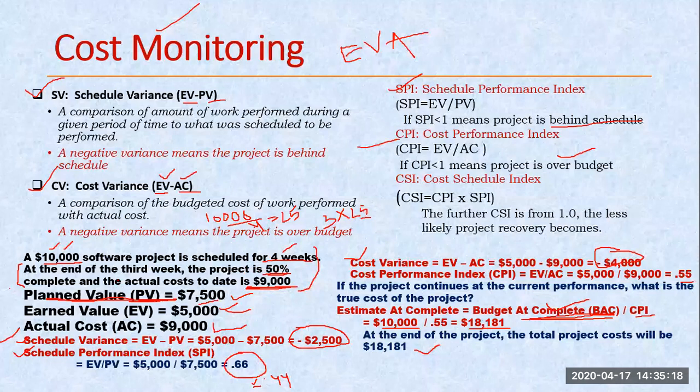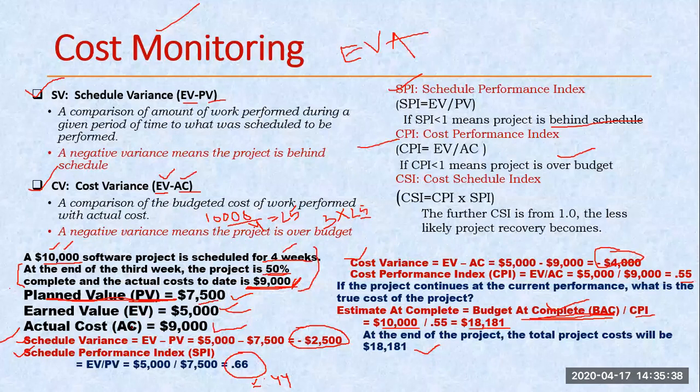Okay. And then the next scenario, the actual cost that we had spent. So how much had we spent up till the 3rd week? We had spent 9000. So now we are using this 9000. With this, we are getting these 3 terms: my planned value, earned value, and actual cost.